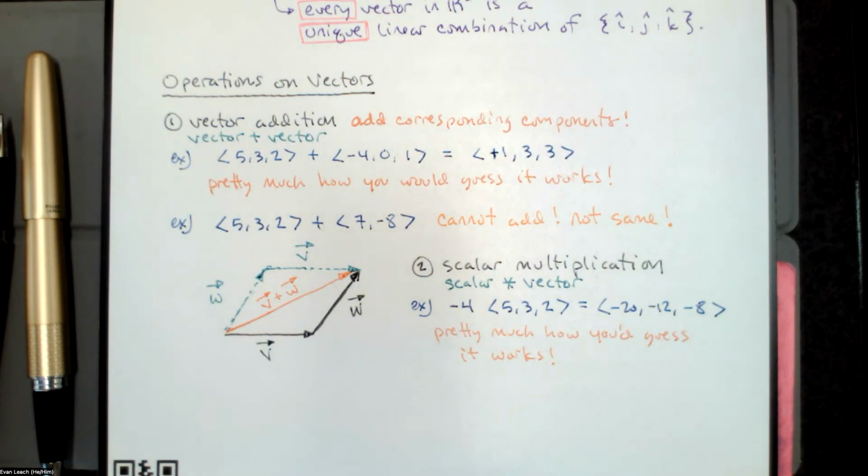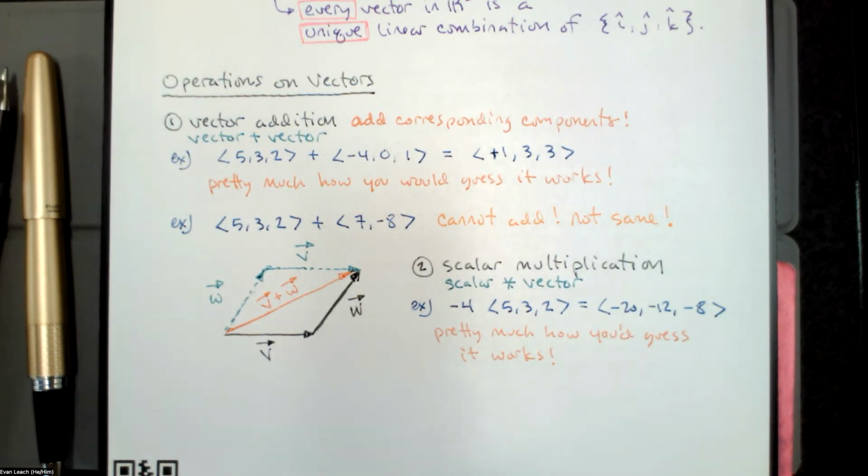Which is pretty much how you'd guess it would work. This is how we assumed it worked yesterday when we looked at the vector 5, 3 as 5i plus 3j. Visually, multiplying a scalar by a vector changes the magnitude, but keeps the direction. Unless we multiply by -1, in which case we just reverse the direction.